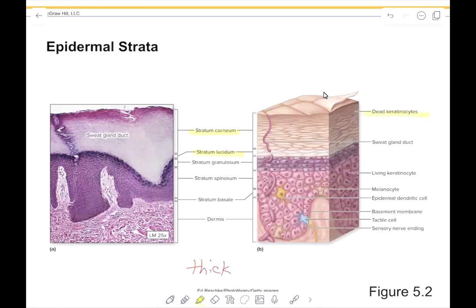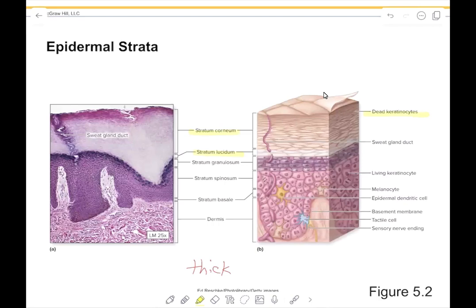So you're always sloughing off dead keratinocytes, but usually we don't notice them. But if you were to take a magnifying glass and look underneath your mattress, you would find some dead keratinocytes.